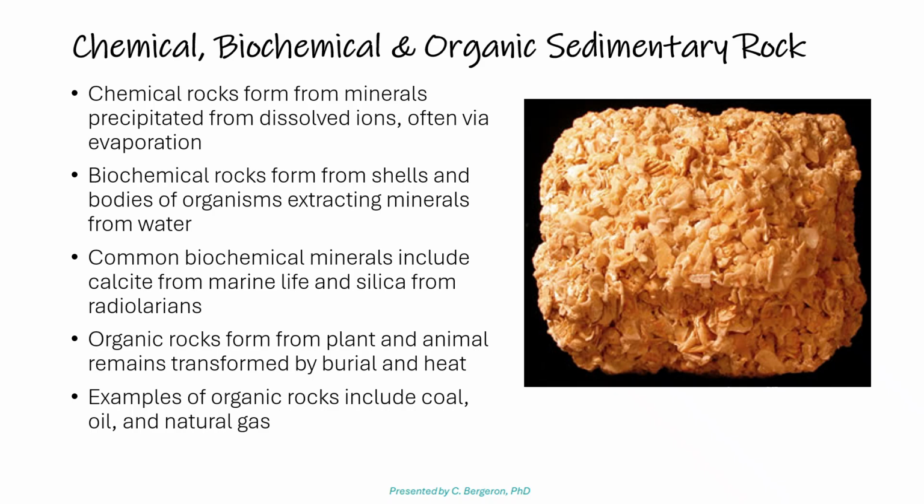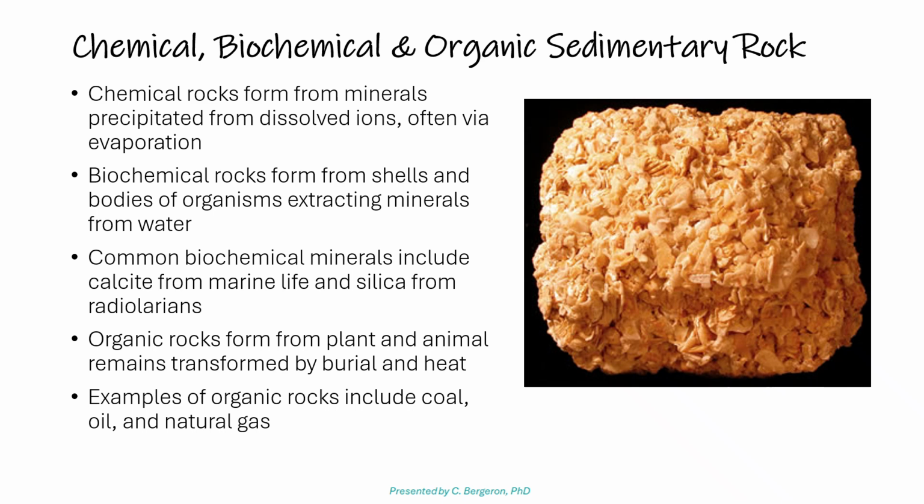Chemical weathering contributes the dissolved ions in the water that ultimately form the various rock types. Now, inorganic chemical sedimentary rock is made of minerals that are precipitated from ions that are dissolved in the solution. And inorganic chemical sedimentary rocks form in environments where you have high concentrations of ions as well as dissolved gases, higher temperatures, and pressure changes, which cause minerals to crystallize.